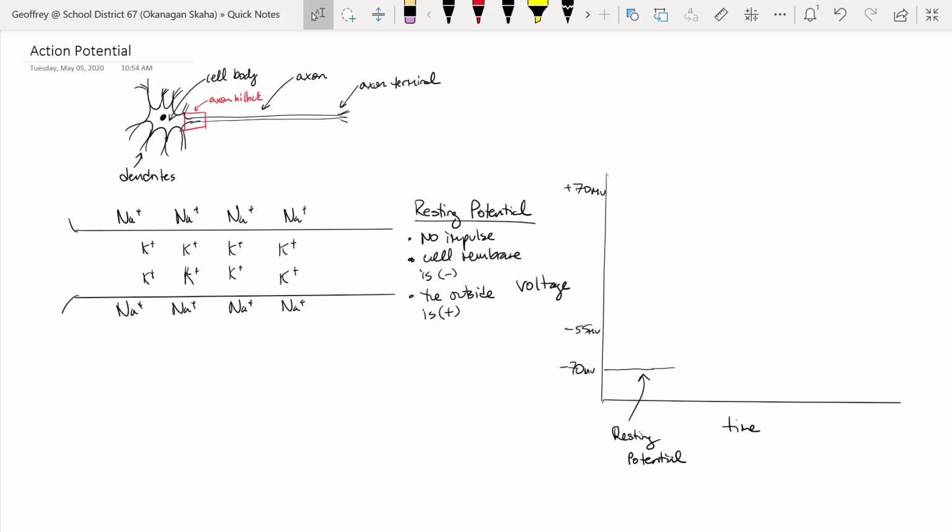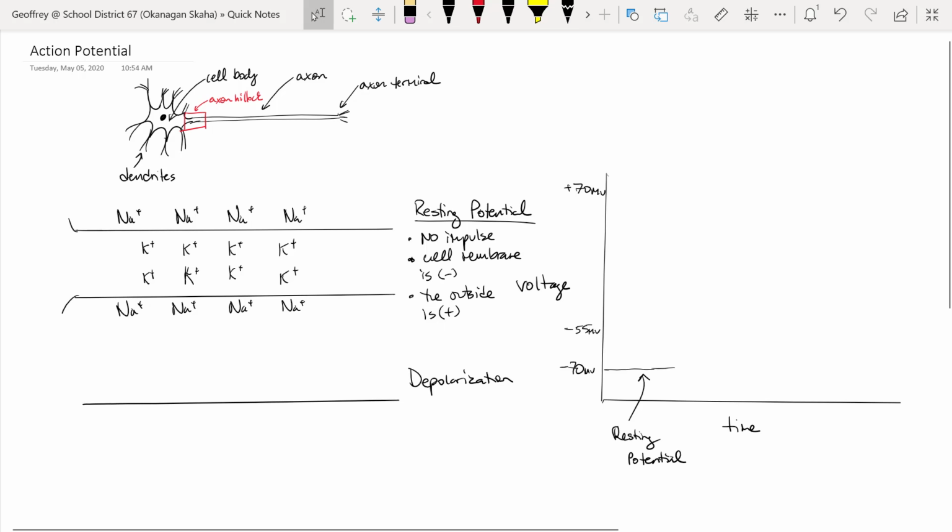Now what happens is our next part is when some sort of stimulation happens. All right, and so this next part is called depolarization. And I'm just going to draw another neuron. It's the same one, but we're just going to draw it at a different stage. And so this is when we get enough stimulation to cause a change in voltage.